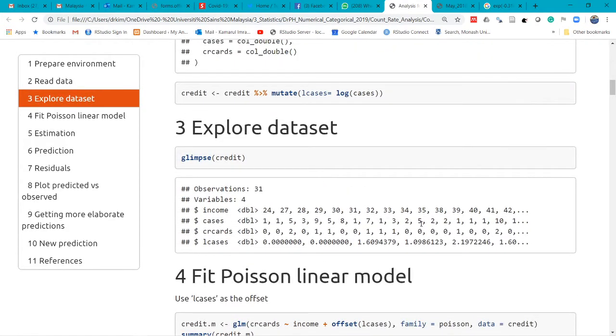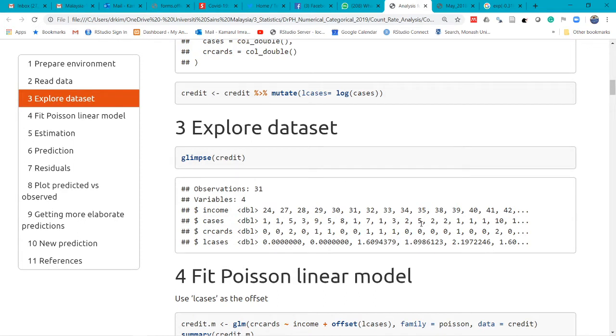This is the number of credit cards, how many cases, the income, and then the credit cards.